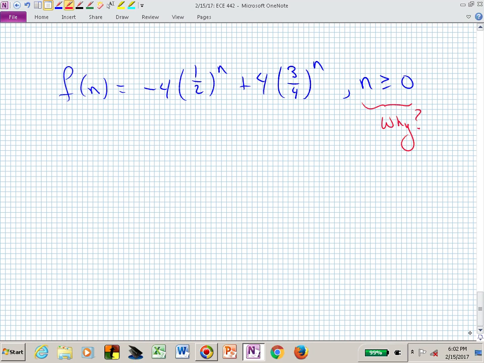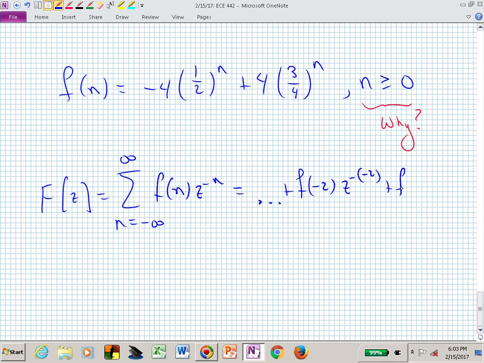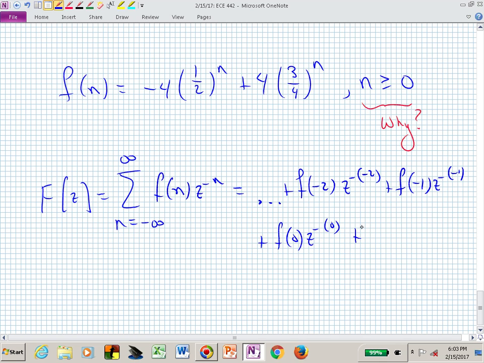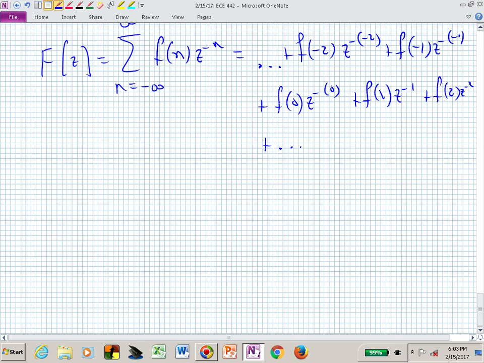That was our region of convergence argument, which, if we now looked at capital F of z in terms of the z transform, we know by definition that's what capital F of z expands out to if we wrote it in terms of powers of z to the minus 1.